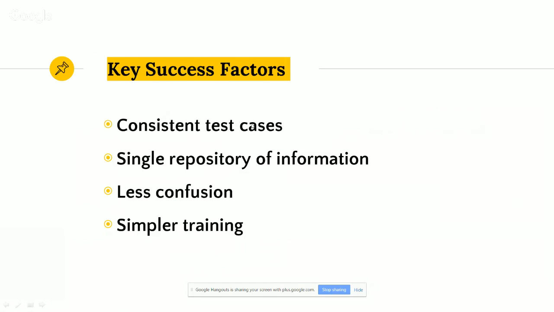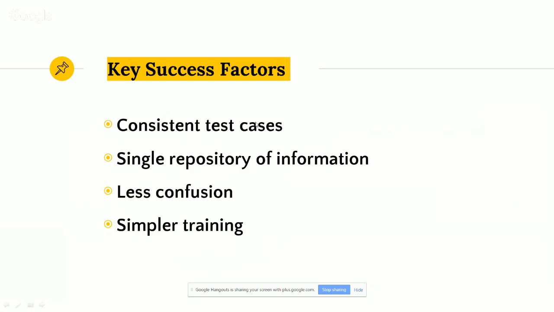The key success factors for this project are consistent test cases. Summary, preconditions, steps, and results are all filled out according to best practices. A single repository of information. TestLink will be used as a repository for how to test features and how they work on a deeper level.